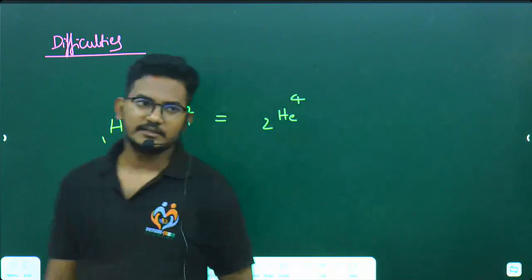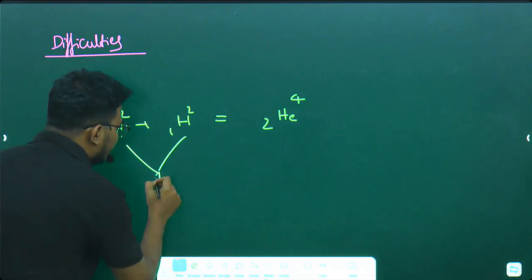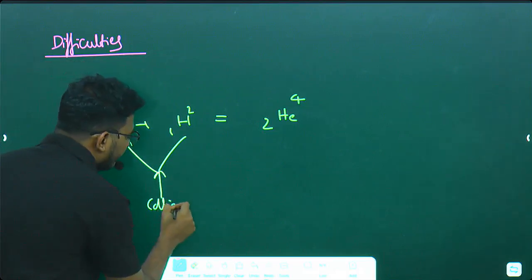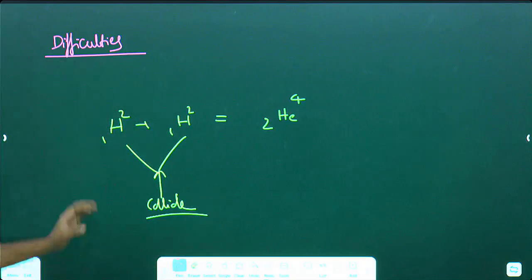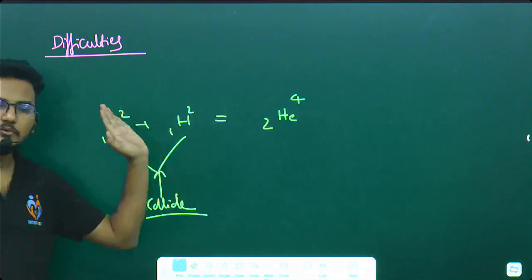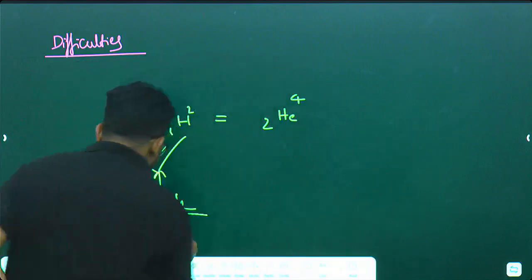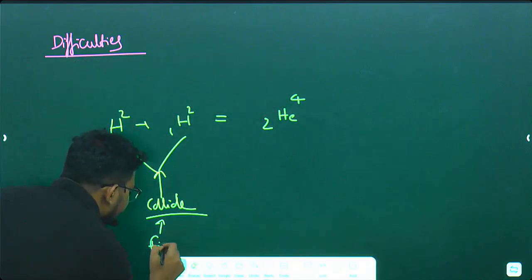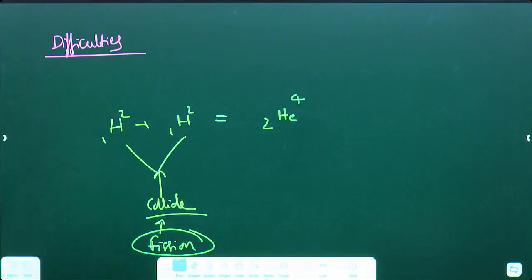Here, first these two particles have to collide. Collision must be there. To create this collision, we need huge energy. The energy is equal to fission energy.